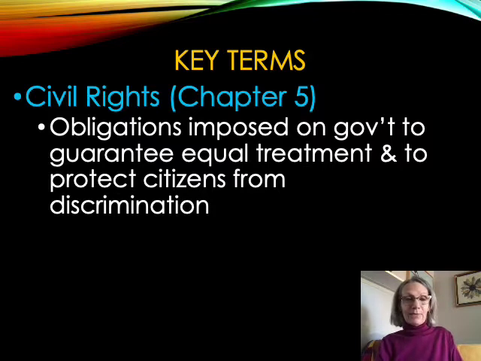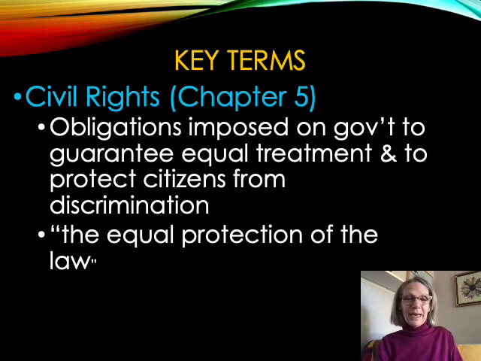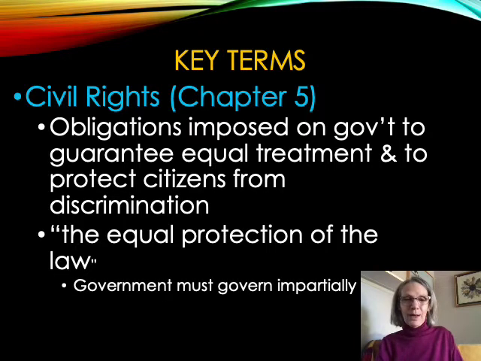In Chapter 5, you're going to be learning about civil rights. Civil rights is defined as obligations imposed on government to guarantee equal treatment and to protect citizens from discrimination. In other words, civil rights is about the equal protection of the law, that government must govern in a way that is impartial, okay? With civil liberties, we're telling government what they can't do, but with civil rights, we're saying that government has to make sure and guarantee that people are treated equally, right?